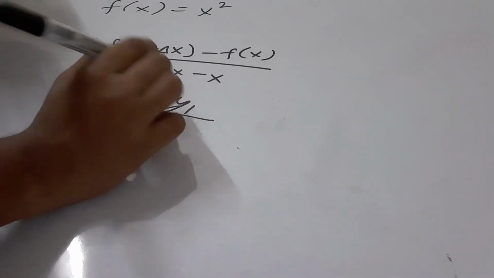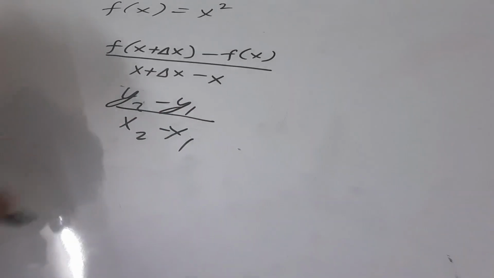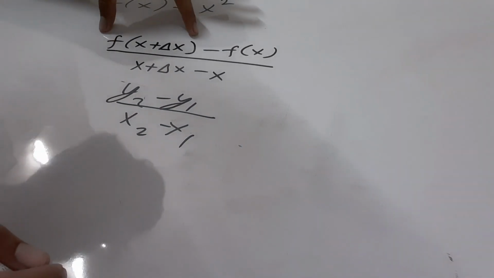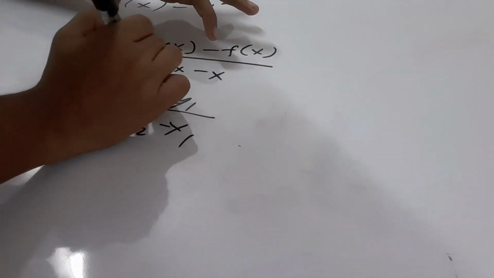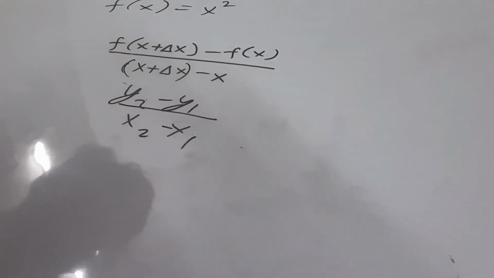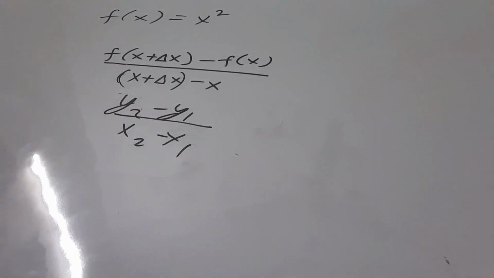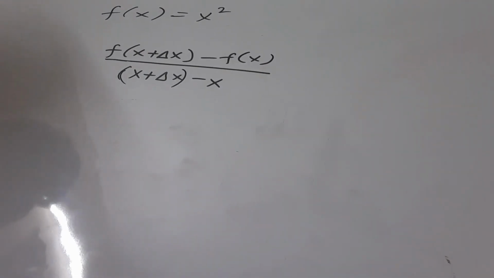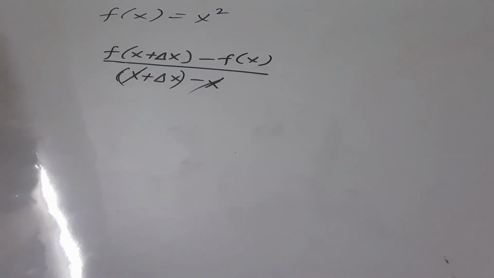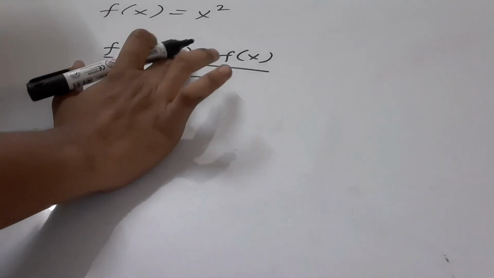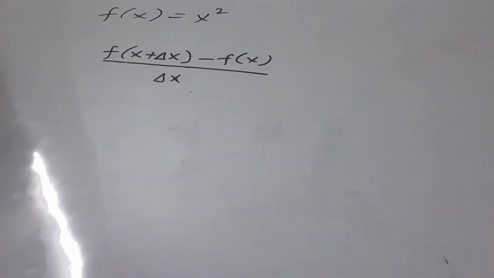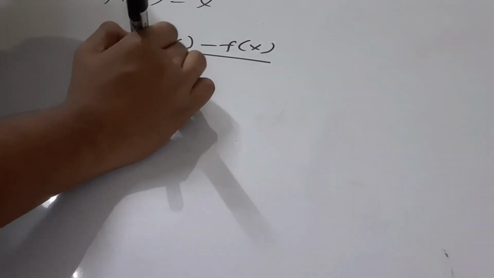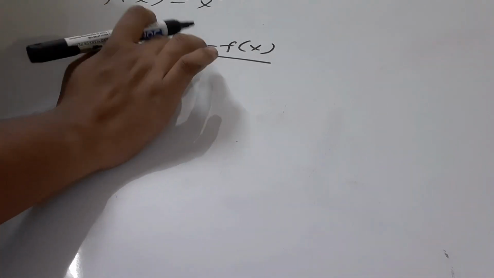It is our second y minus the first y, over the second x minus the first x. That is what we want. These x's cancel out, so what we are left with is just delta x in the denominator. Now, what we want is this delta x to be extremely small, so small that it should almost be 0.